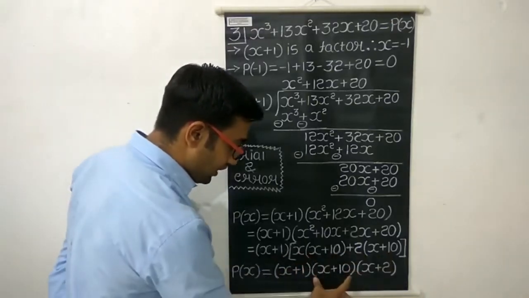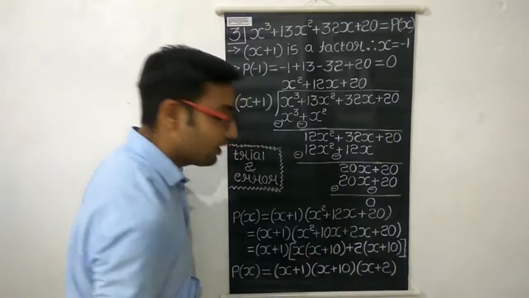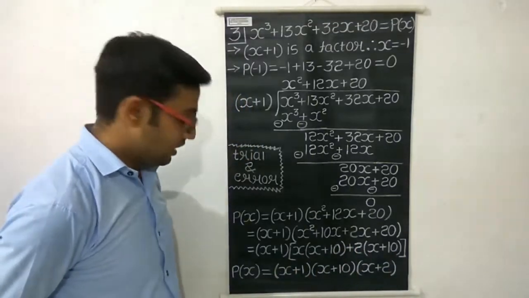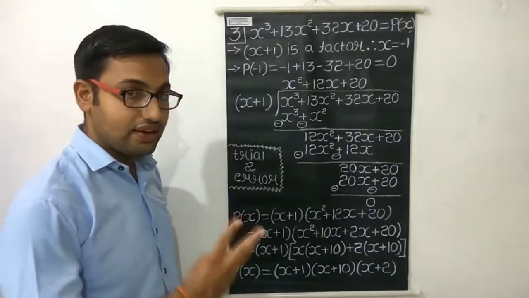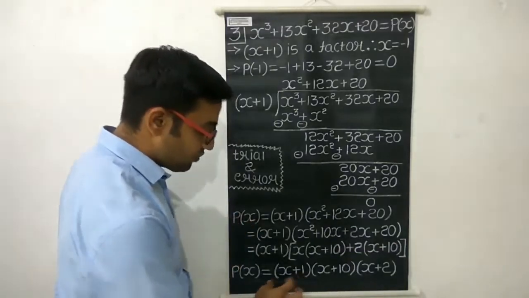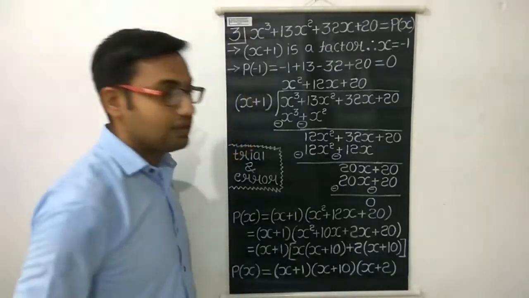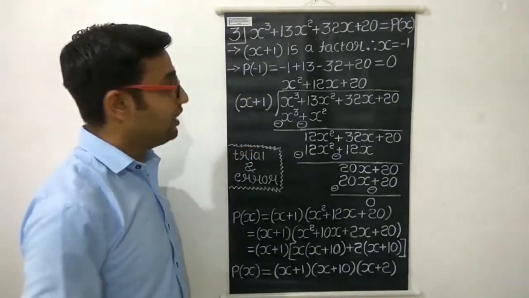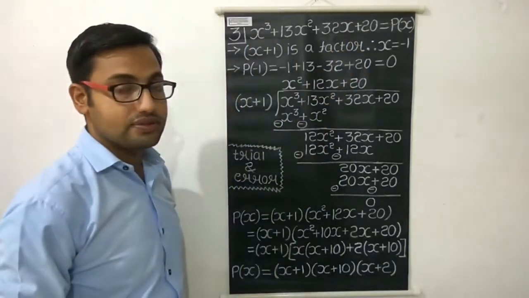This x plus 10 is one bracket, and what will remain? x plus 2, put it in another bracket. So now our p of x polynomial is factorized into three factors. First is x plus 1, second one is x plus 10, and third one is x plus 2. Okay, this polynomial is now factorized into the three factors.